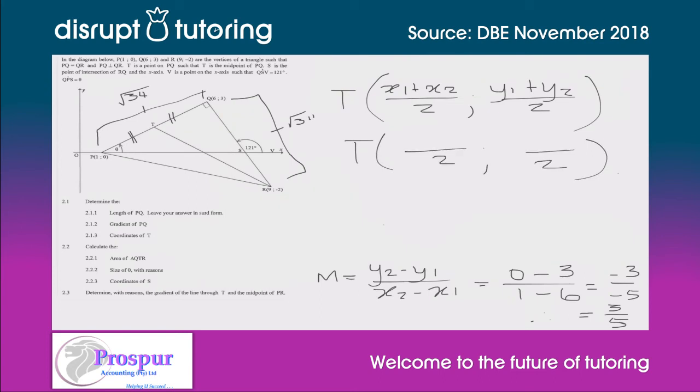Right, so we've got x1. So let's use this point first. So that would be 1 and 0. And we're going to add our second point, that one over there. So it's going to be 6 and 3. Right, we can simplify that. So that's going to be 7 over 2. And that's going to be 3 over 2. And that should get us the right answer.